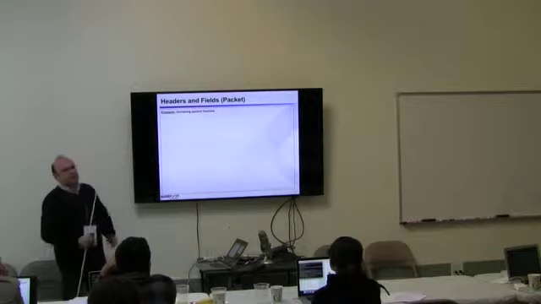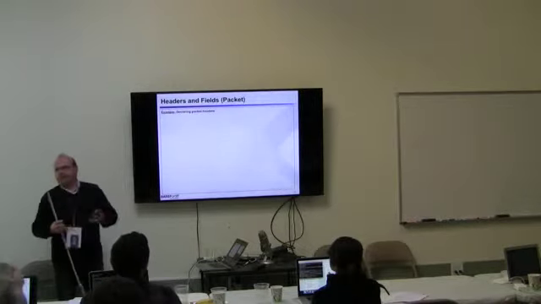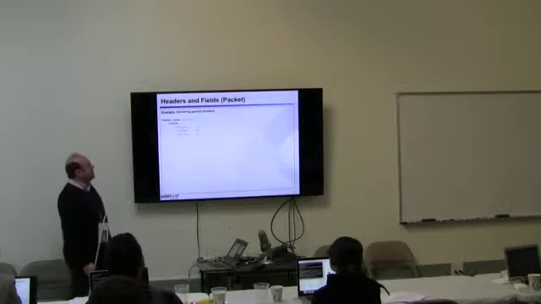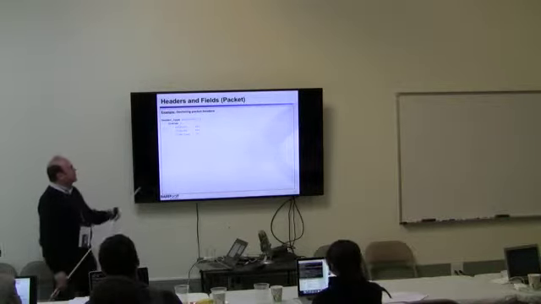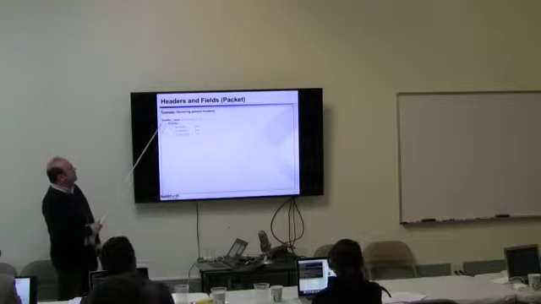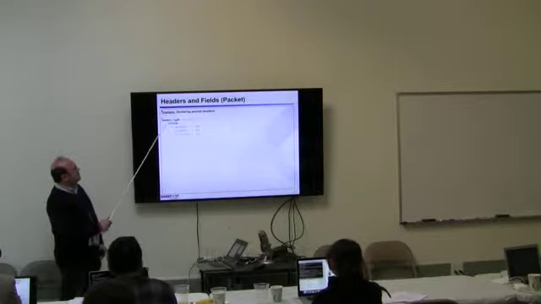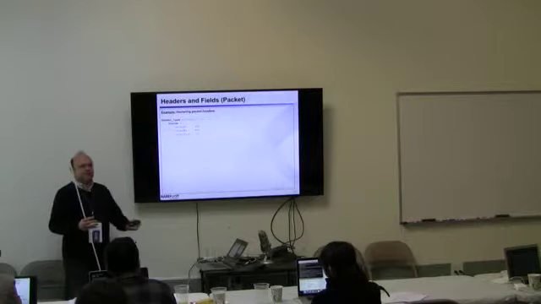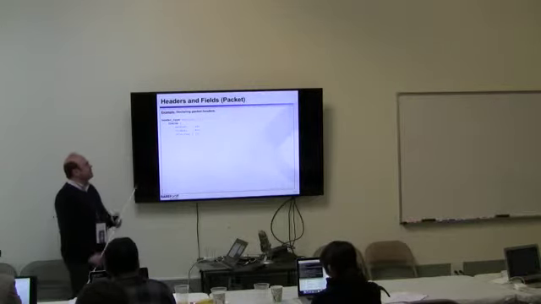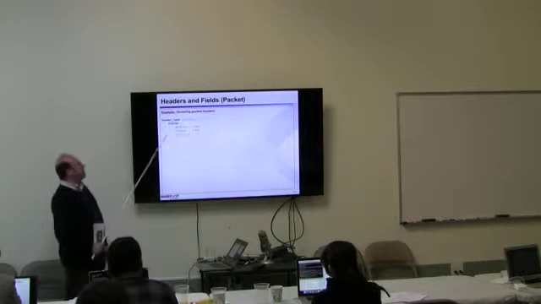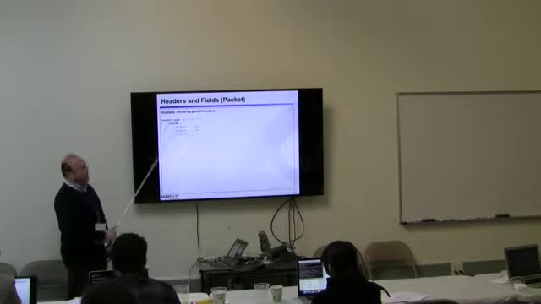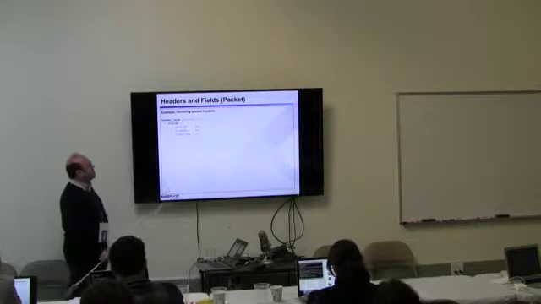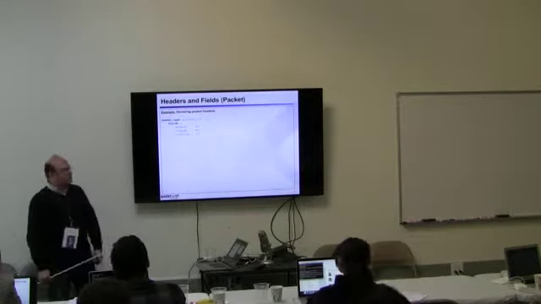Describing the headers and fields of the packet, Chang has already shown you. It's very, very easy. Here we declare the Ethernet header. As you can see, we use a statement called header type, and it's very similar to struct or typedef in the C language. We have this fields section, and you'll see that there are some other sections that can be used. Here we just declare the size of our fields in bits.